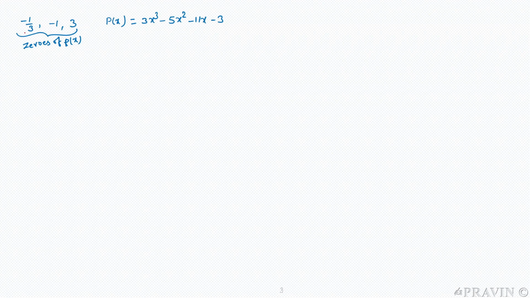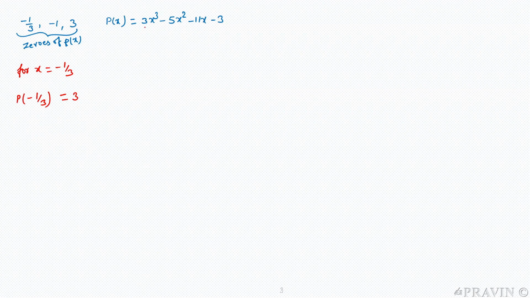To check whether these are the zeros of this polynomial or not, just take x equal to minus 1 by 3 and check what is the value of p(x). So p of minus 1 by 3 is equal to 3. Where there is x, you will put minus 1 by 3 instead of x.